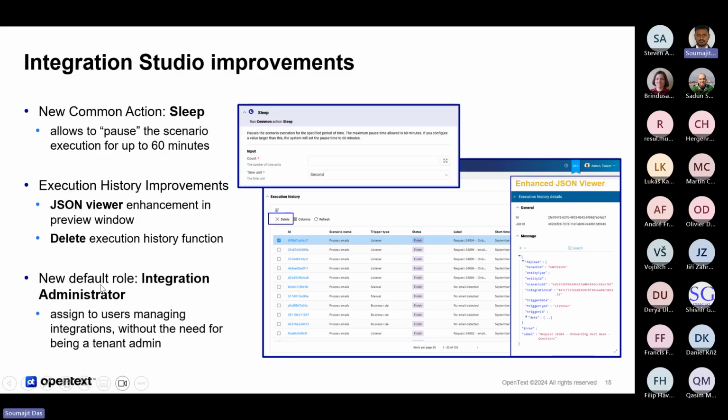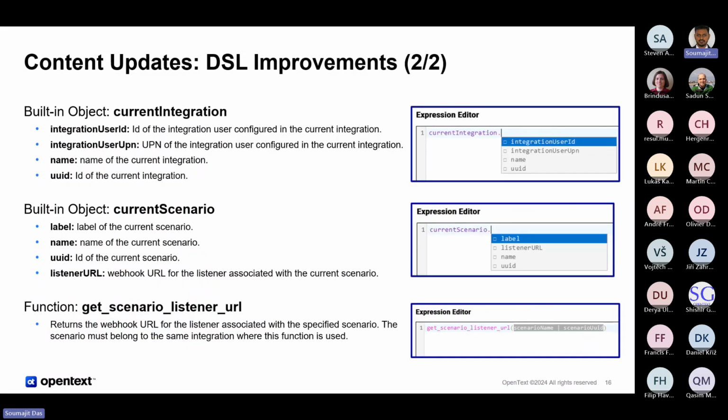We have created a new default role, an integration administrator, so you would not need a tenant admin to do the integrations. We have made DSL improvements. We have added a few additional DSLs like current integration. You can find out the integration ID, UPN, and so on.